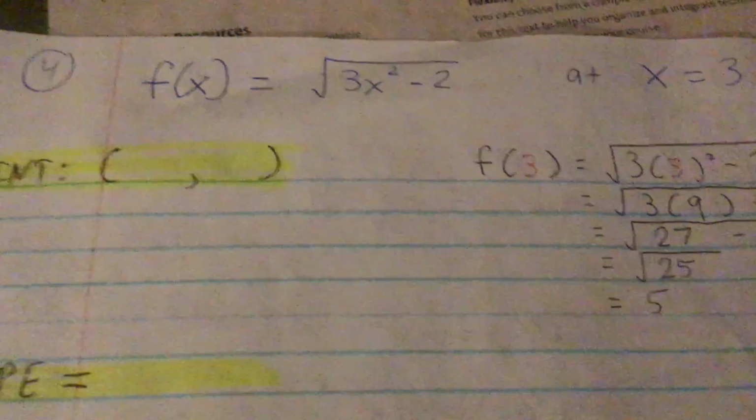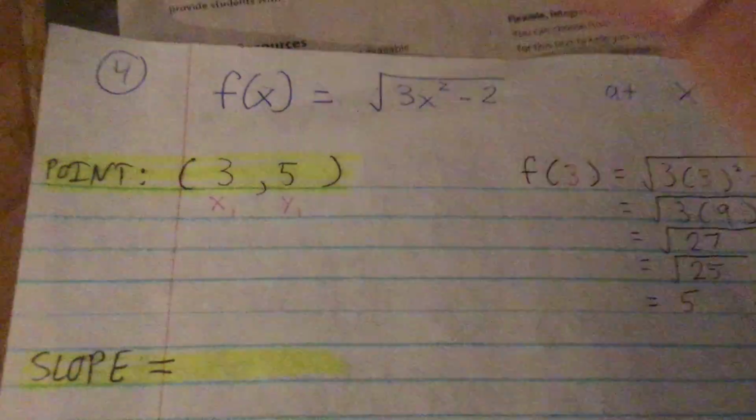Therefore, the point on this curve is at 3, 5. So that's going to be my x1, y1.